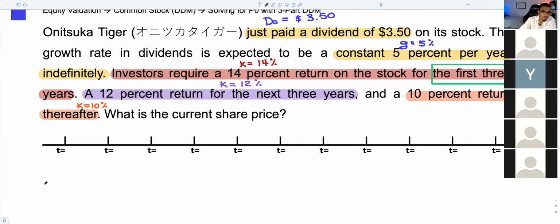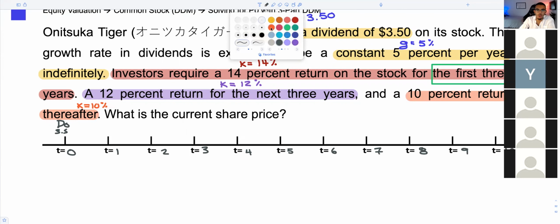So obviously, we're going to have T0. This is where D0 occurs with 3.5. We have year 1, 2, 3, 4, 5, 6, 7, 8, all the way to 10. Right? And we're just going to quickly identify the different pieces to our question because it's good practice, and you'll understand why this matters so much in just a bit.